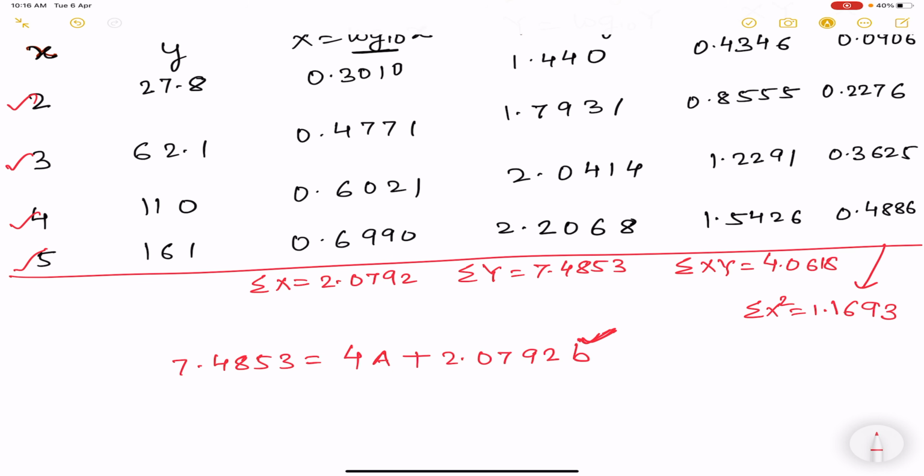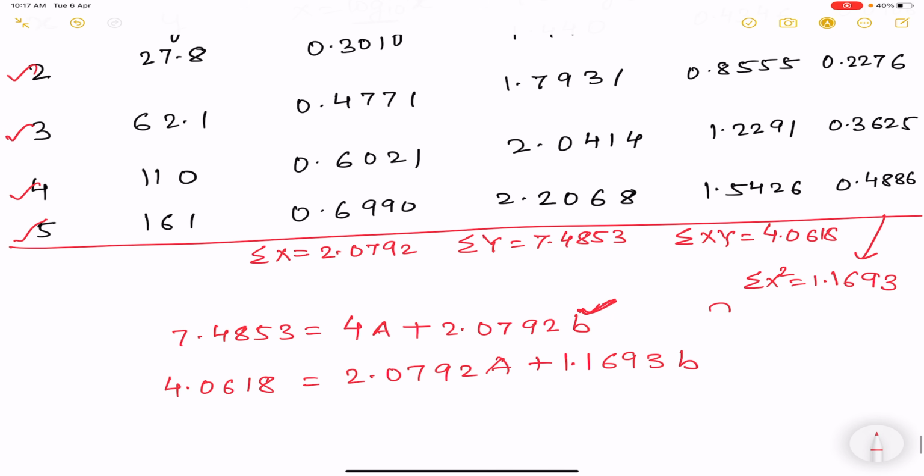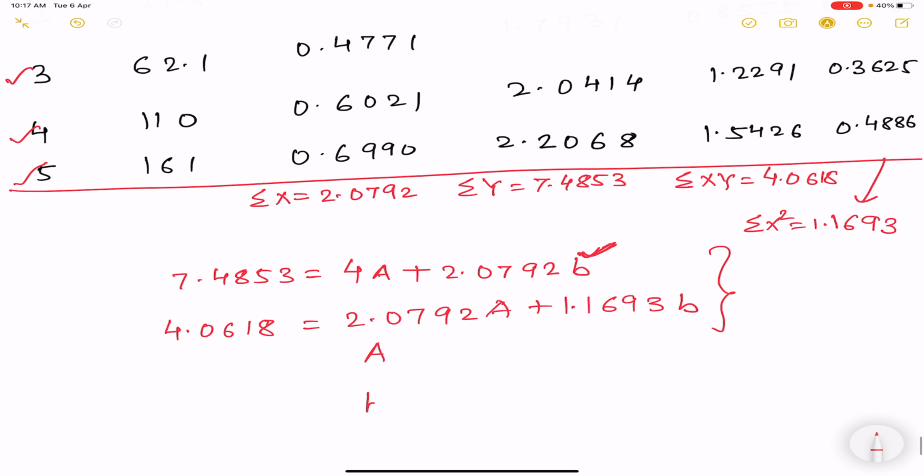Now sigma XY, it is 4.0618, is equal to 2.0792 capital A plus 1.1693b. Now students, two equations, two unknowns. Let us find the values of the unknowns. The unknowns are capital A and small b. So capital A is coming out to be 0.8678 and small b is coming out to be 1.9311.